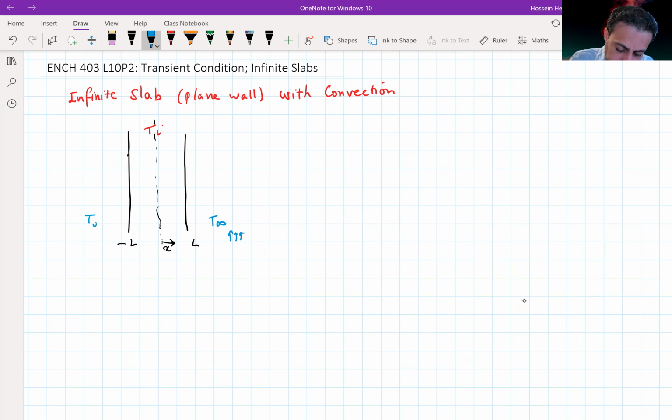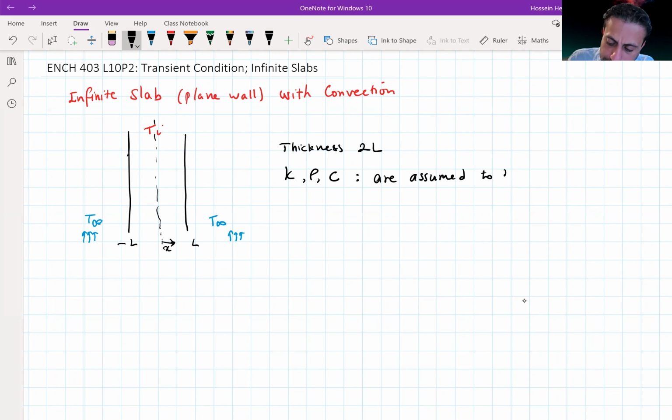So we have convection going on both sides with the fluid at a certain temperature, and all the properties are constant. So what we have is the thickness is 2L, and k, rho, and c for this plane wall are assumed to be constant.